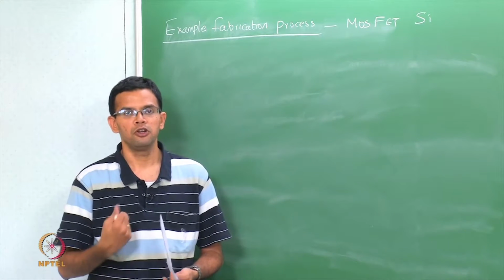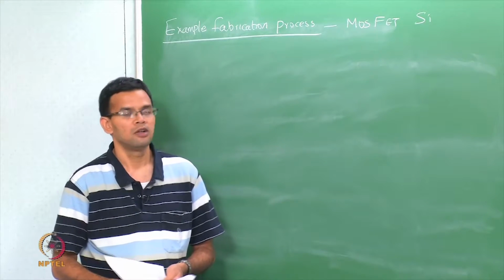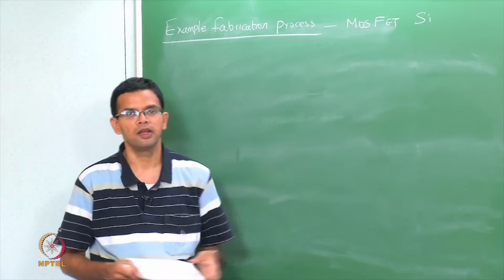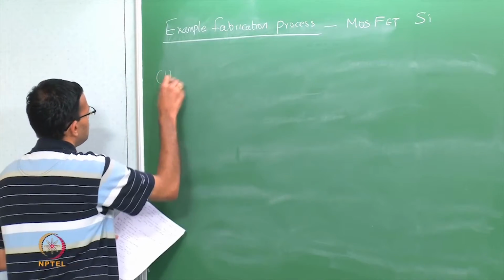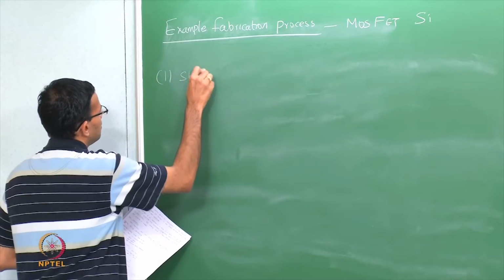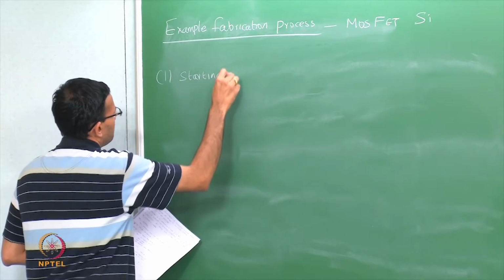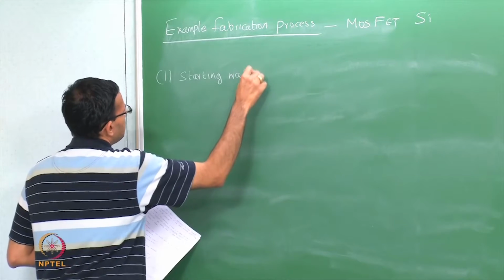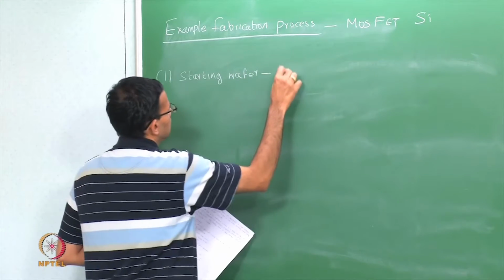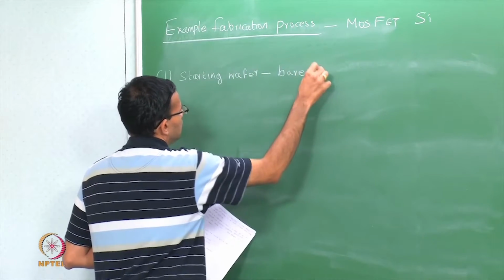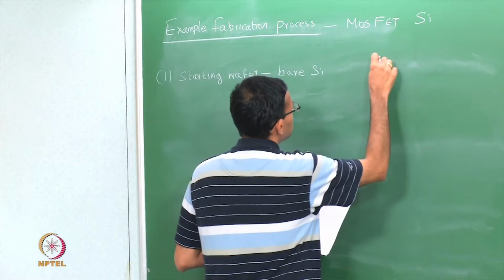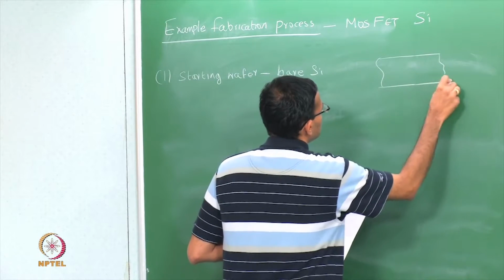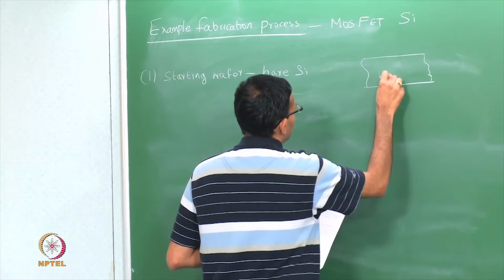So, now we are going to look at the various steps to actually form or fabricate this device. So, the first thing is of course your starting wafer. This is the bare silicon that enters the fab. So, this is just a wafer.